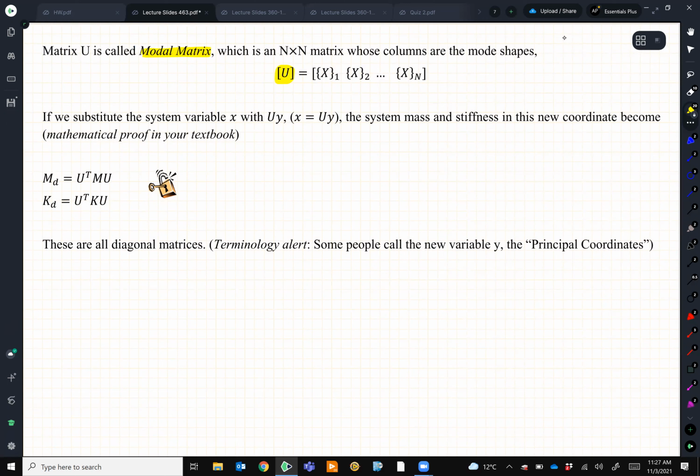All right, so now here is the actual magic. This modal matrix, if we use it in this format, it will transform our coupled mass and stiffness to a decoupled system. And this is what we wish to have, all right?